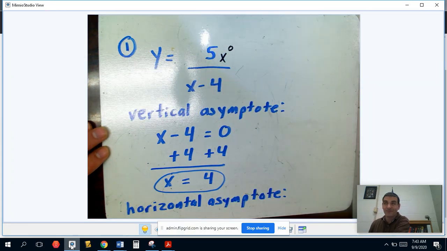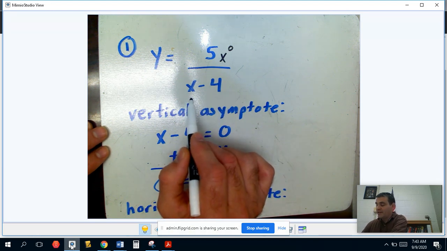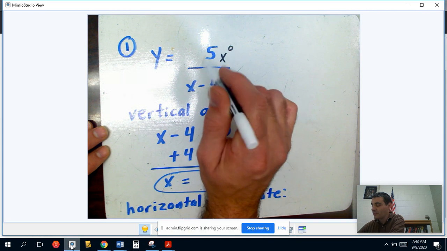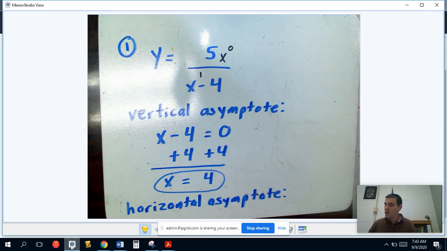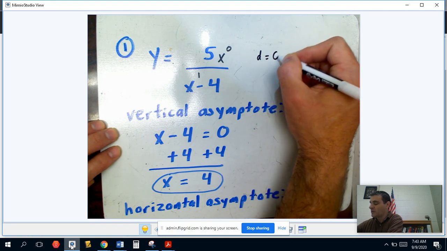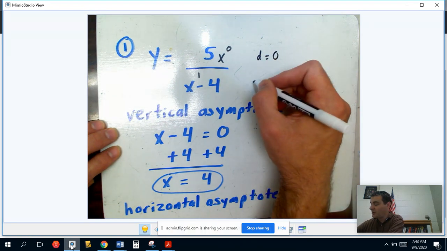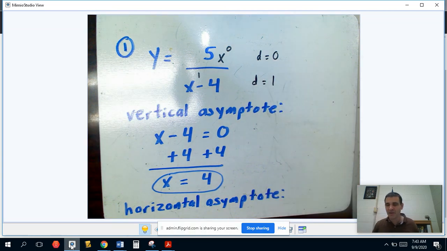So it's 0. On the bottom, you do see a variable, but you don't see an exponent, so it's understood to be a 1. So the top degree is 0, or the numerator degree. The denominator degree is 1. Okay, so it looks like here the denominator is higher than the numerator.